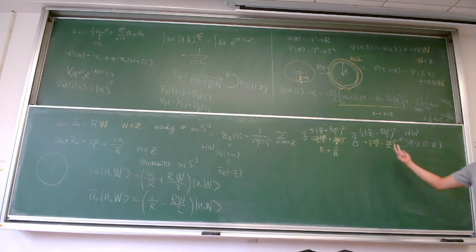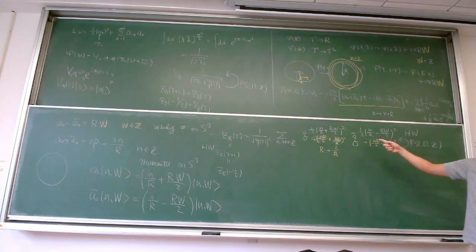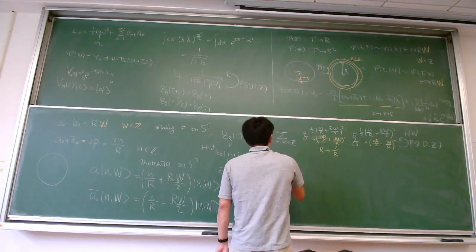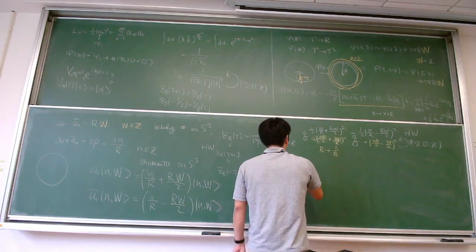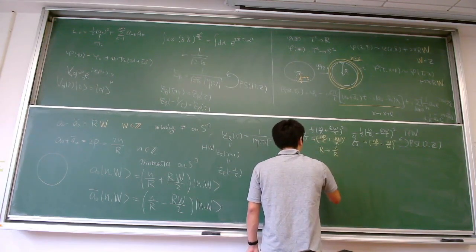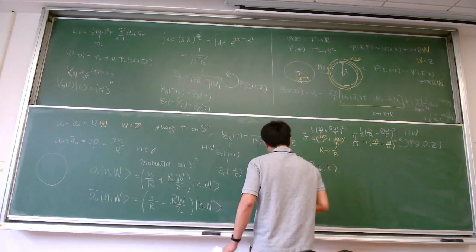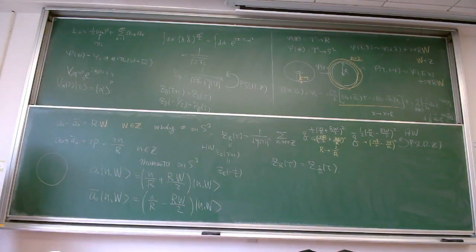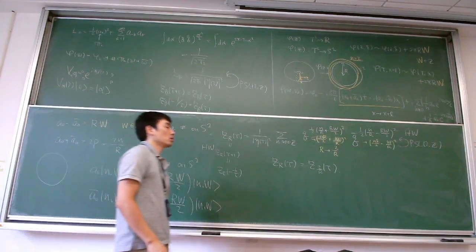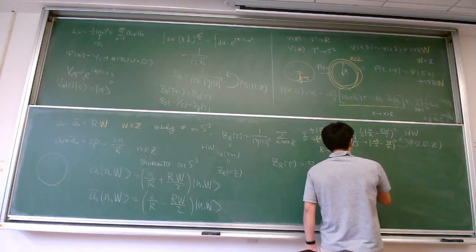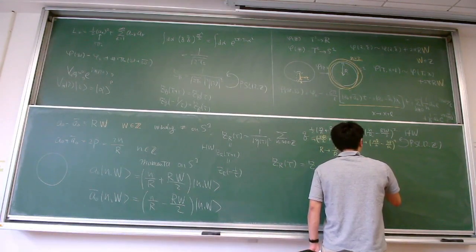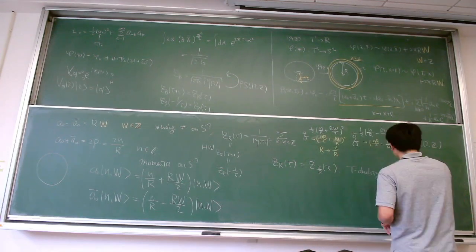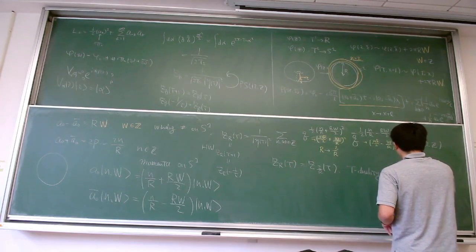You just swap, since n and w are integers. Therefore, the partition function is invariant under this transformation. So this is called T duality, which exchanges the momentum n and winding.